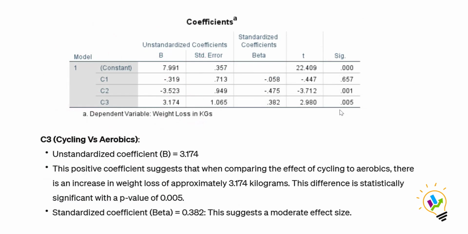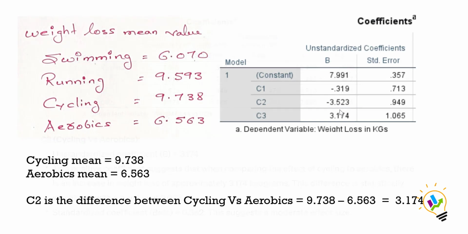For C3, it is a contrast between cycling versus aerobics. This positive coefficient suggests that when comparing the effect of cycling to aerobics, there is an increase in weight loss of approximately 3.174 kilograms. This difference is statistically significant because the p-value is 0.005. Now how did we get this value? It is the difference between the mean weights of cycling and aerobics.